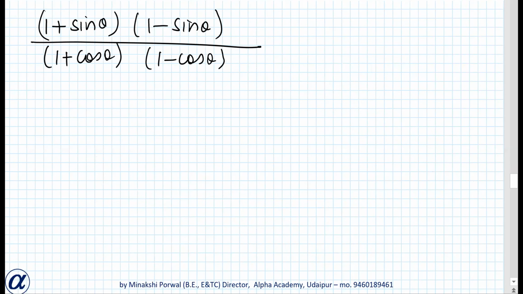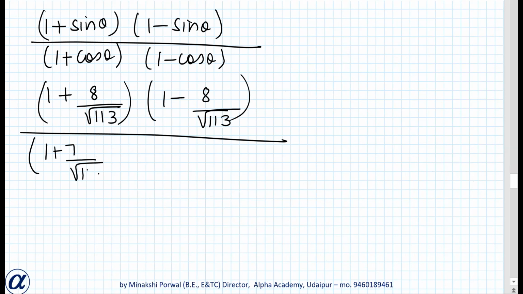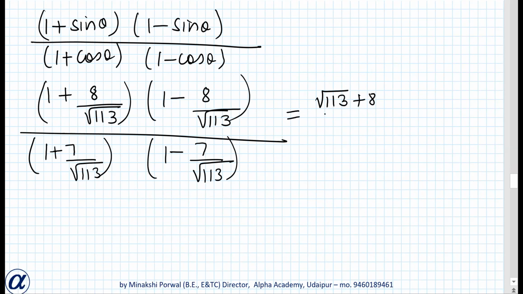So this will be 1 plus 8 by under root 113, 1 minus 8 by under root 113, 1 plus 7 by under root 113 and 1 minus 7 by under root 113.